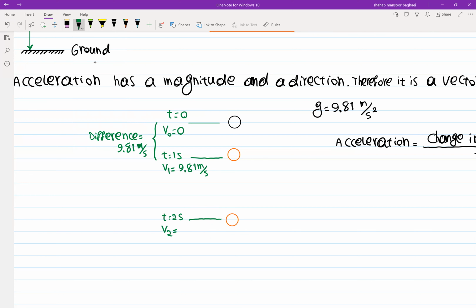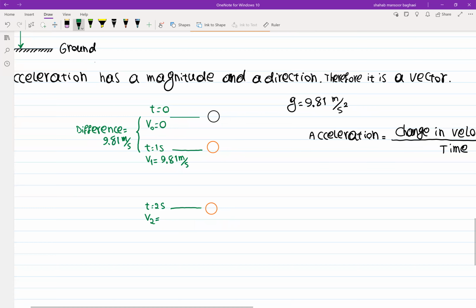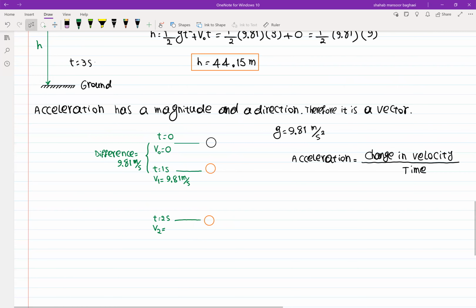What do you think? Okay, recall the concept of acceleration. Changing velocity per unit time. I mean, for unit time or 1 second, for example, between 1 second to 2 seconds, this is unit time or second time interval. Difference of velocity should be 9.81.